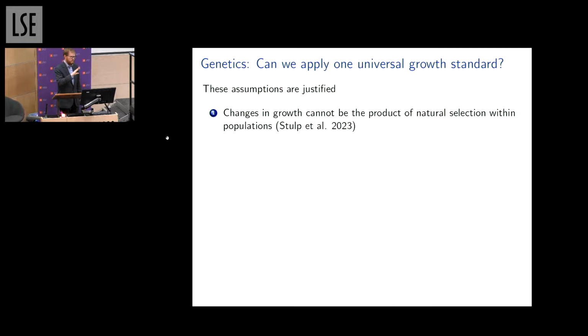Stulp et al. do some simulations to test what would be needed to make that work. And in order for the secular increase in height in the Netherlands to be driven by assortative mating, only the tallest 37% of the population could reproduce. And that's not something we observe empirically. So that is not what's going on here.